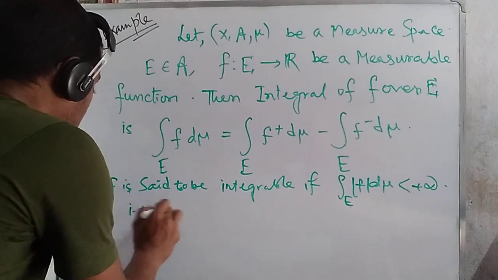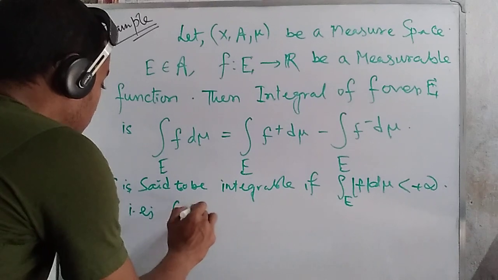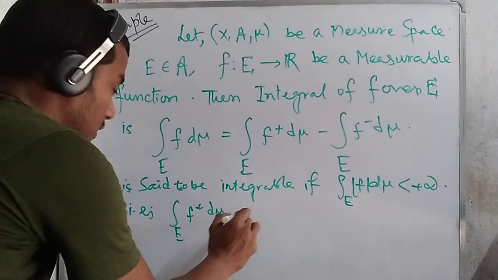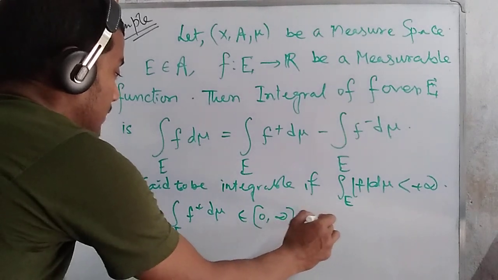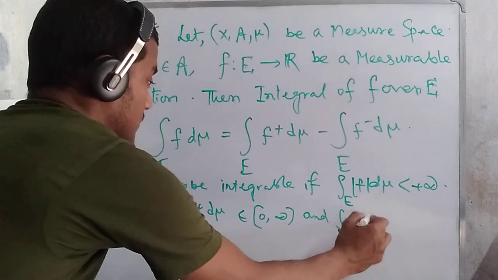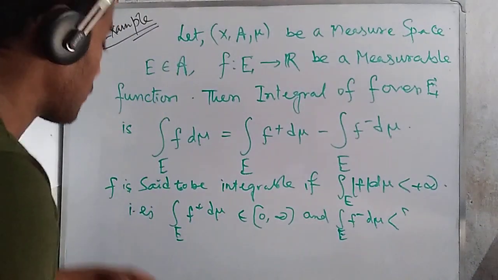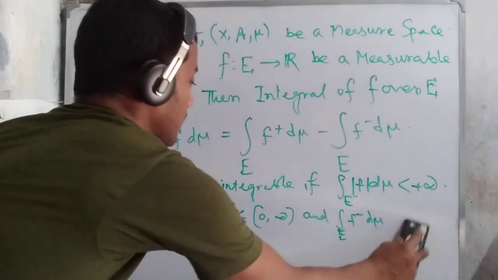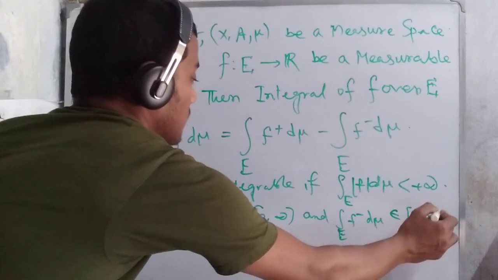That is, the integration over E of f⁺ dμ belongs to [0, +∞), and the integration over E of f⁻ dμ is less than plus infinity, or belongs to [0, +∞).